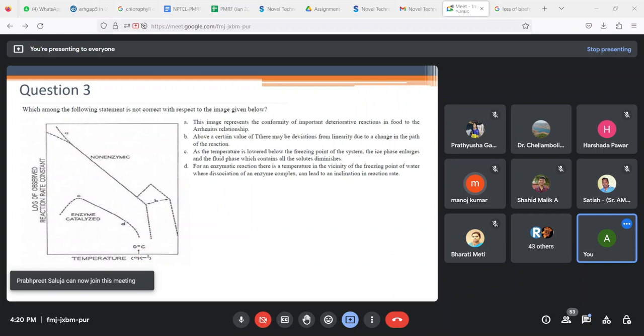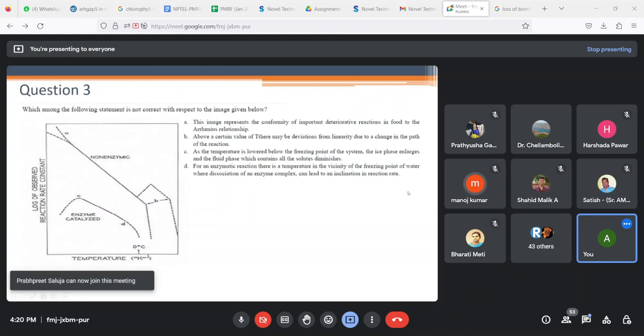When you have food that is being stored, or when you're producing certain foods, there are always some reactions happening, like hydrolysis of lipids, oxidation. All these reactions are happening that can make the food less stable or less available to consume.